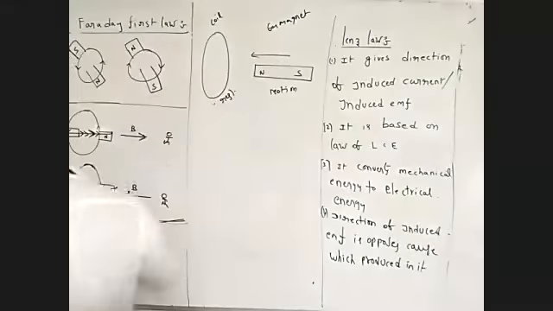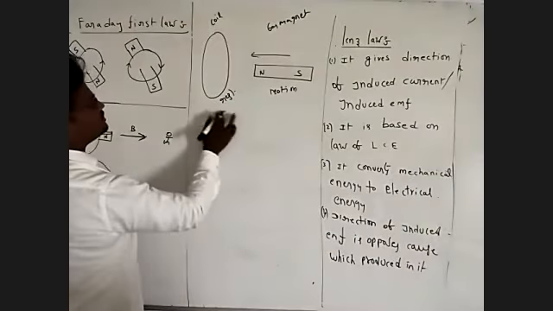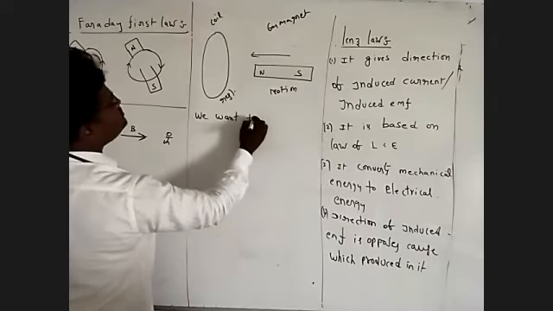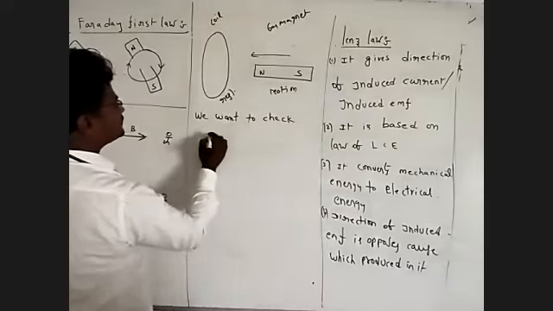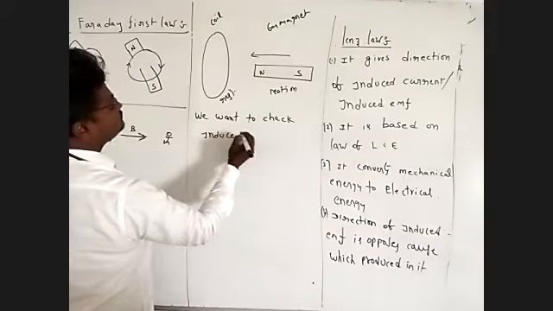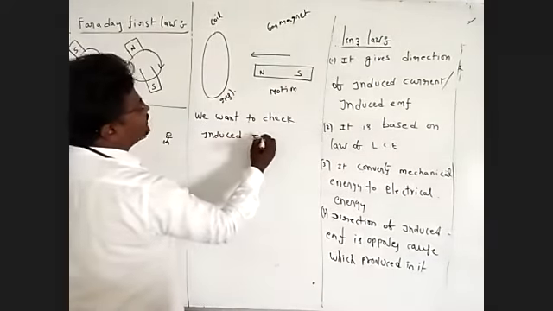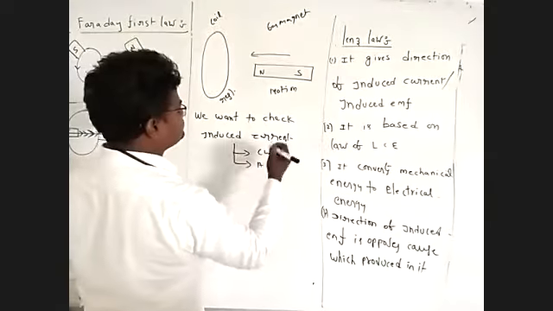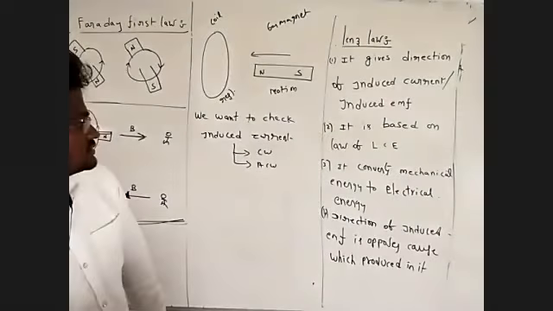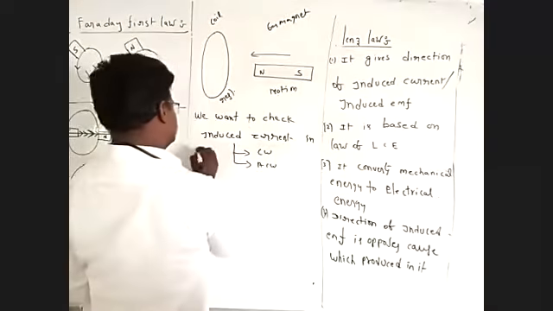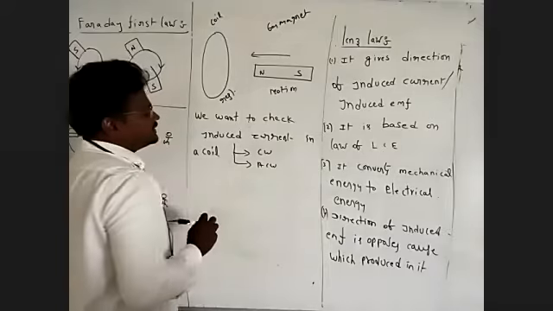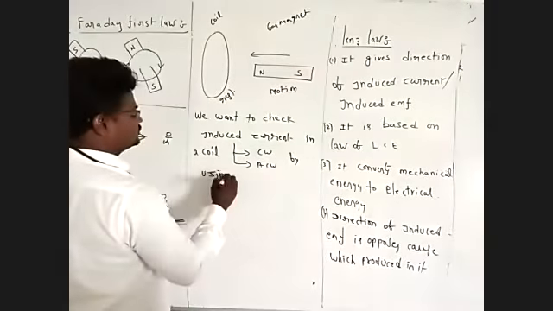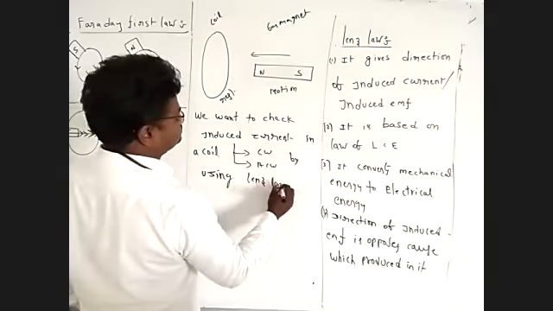To check whether the current in the wire, the induced current in a coil, is clockwise or anti-clockwise, by using Lenz law.